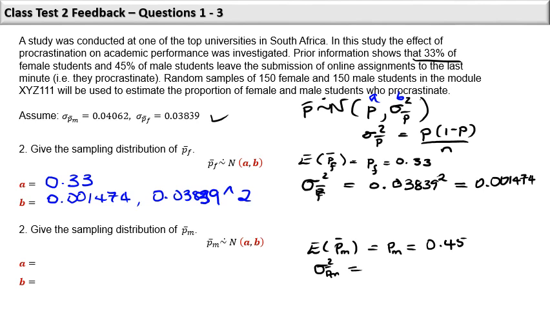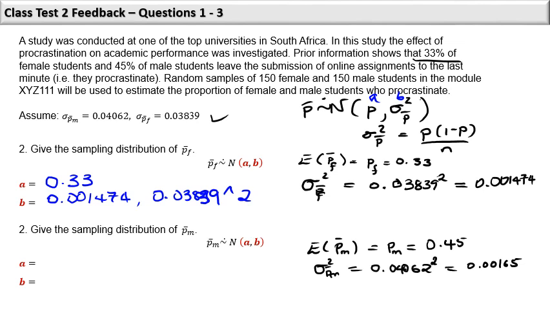P male is nothing but what we are given here as 0.04062, but we are not looking for the standard error but the variance of P bar male, so we square it, and this one can be written as 0.00165.